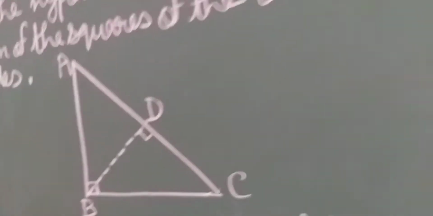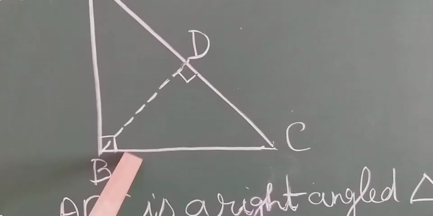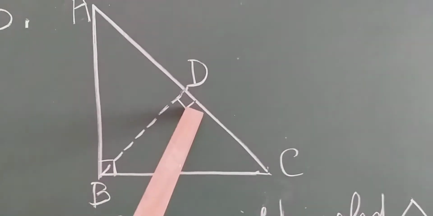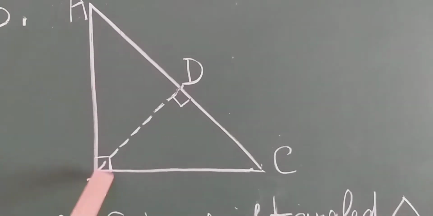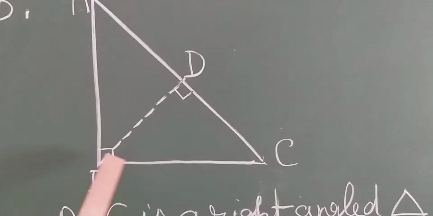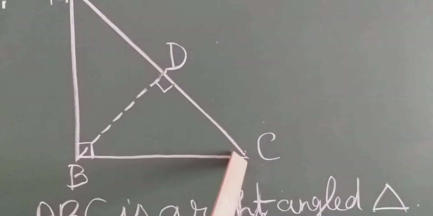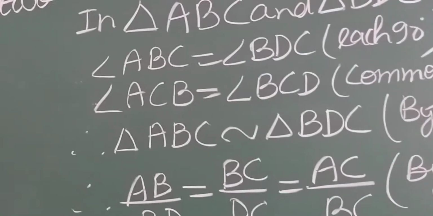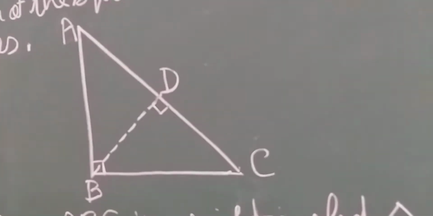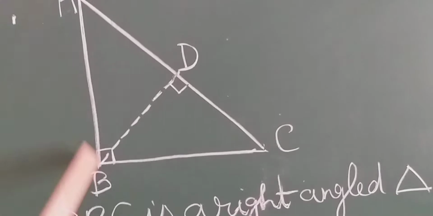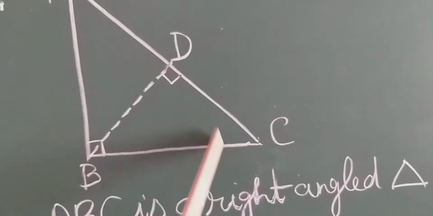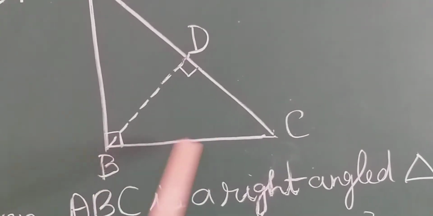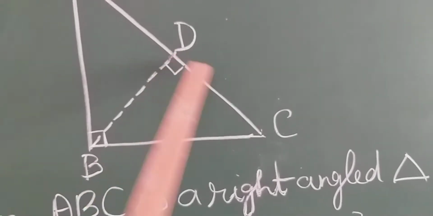So students, you can see here angle B is 90 degree and here angle D is 90 degree. So we can write angle ABC equals to angle BDC, each 90 degree. One more angle is required, student. So you can see in triangle ABC, angle C is there, and angle C is also there in triangle BDC.